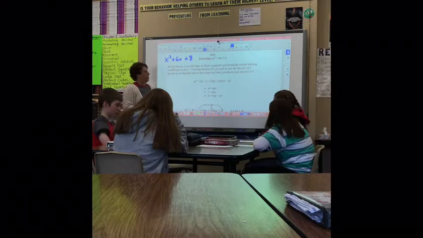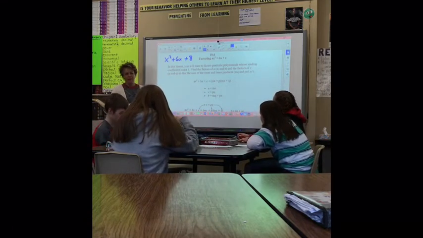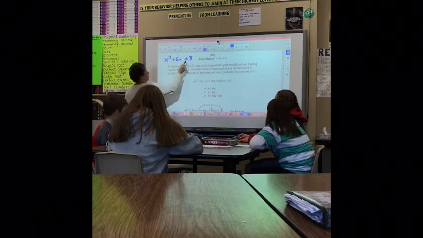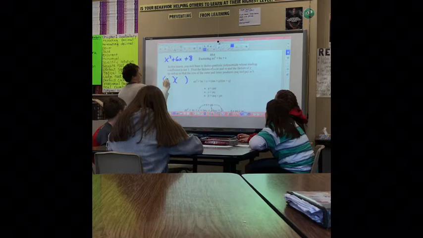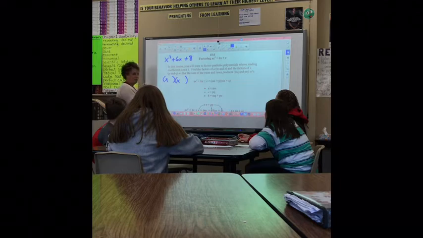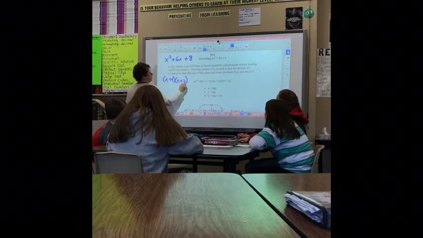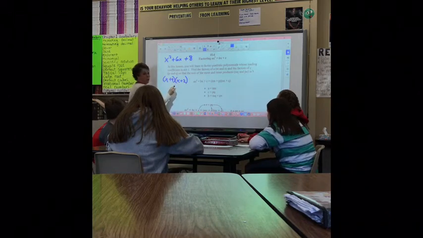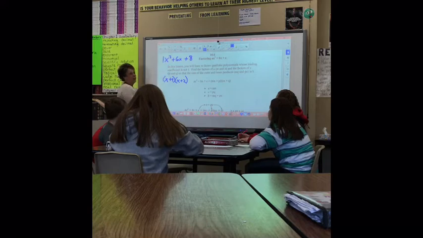To factor that, maybe just go through how to factor that. You find what numbers multiply by each other equals 8, and you find what numbers added to each other equals 6. The numbers are 2 and 4, positive. But this method only worked when the x squared doesn't have a number, when there's a 1 right there.